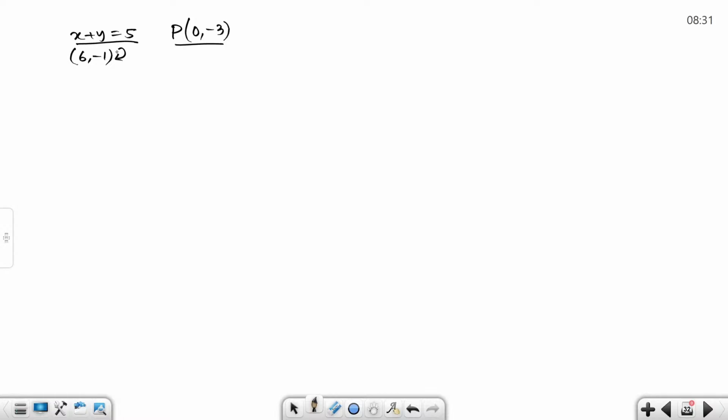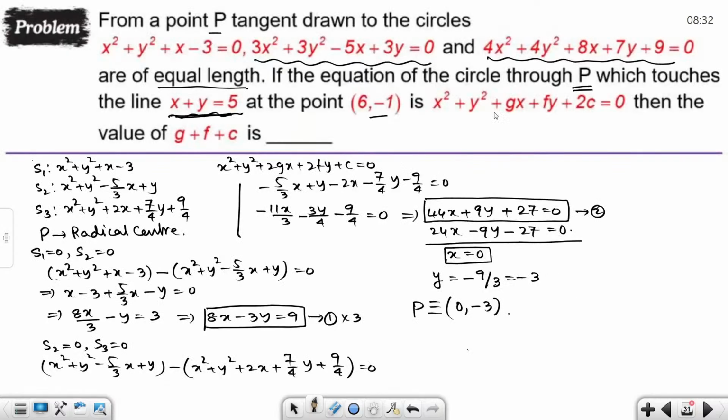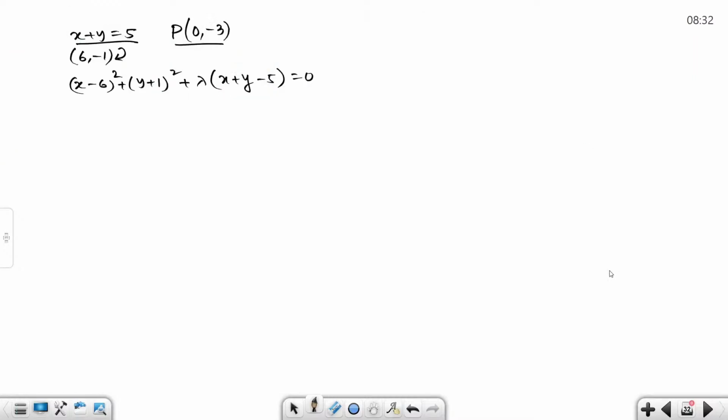Tangent at that point. Therefore, the family of circles which are passing through the point 6, minus 1 and the line x plus y equals to 5 is the tangent is given by, am I correct? Now I have to find out that particular circle which is passing through point P. Okay, so what is that?